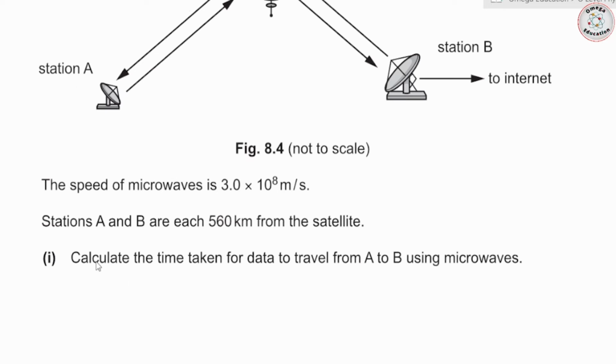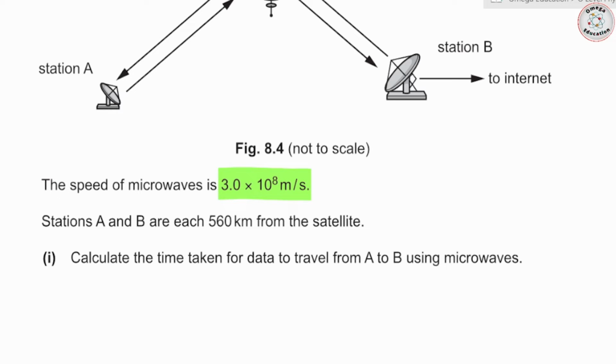Okay, the speed of the microwaves is 3.0 times 10 to the power 8 meters per second. Matter of fact, this is the thing that you need to memorize as well. This is the speed not only for microwaves but for all the waves in the electromagnetic spectrum, including light waves, X-rays, gamma rays, radio waves, infrared, ultraviolet.